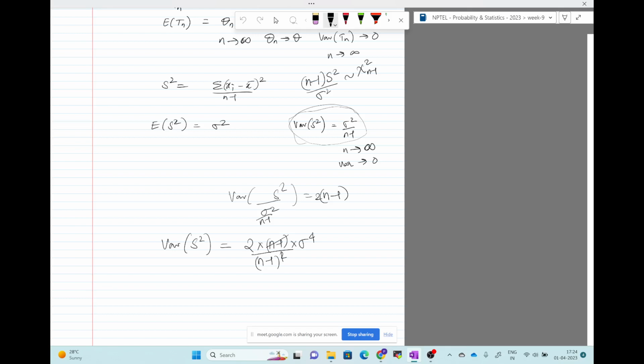Once explain how sigma to the power 4 comes, by taking the square of this term.